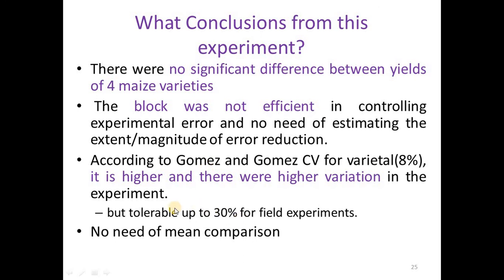Different scholars suggest that for field trials the CV percent value is accepted up to 30%. There is no need of mean comparison at all for this experiment, because the ANOVA tells us there is no significant difference between the treatments.